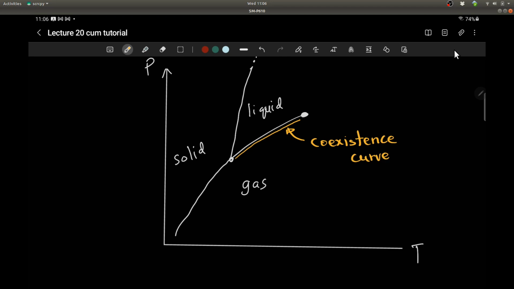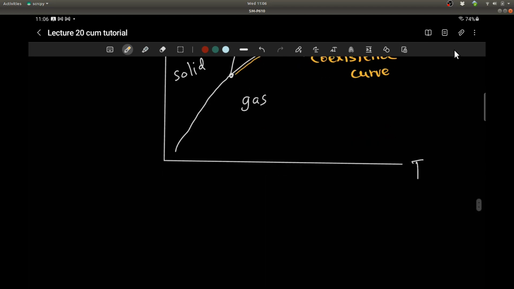Okay. So what are the phases which coexist on this line? Liquid and gas, right? So they can both simultaneously be there. And so the question to ask is, what is the slope?